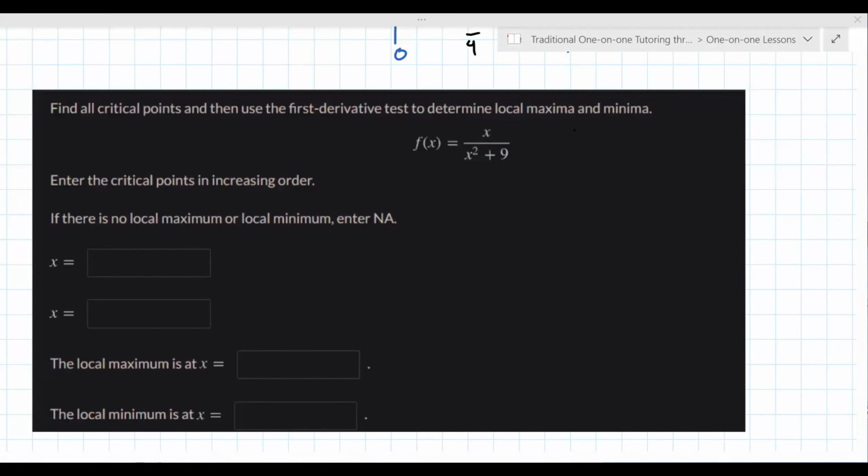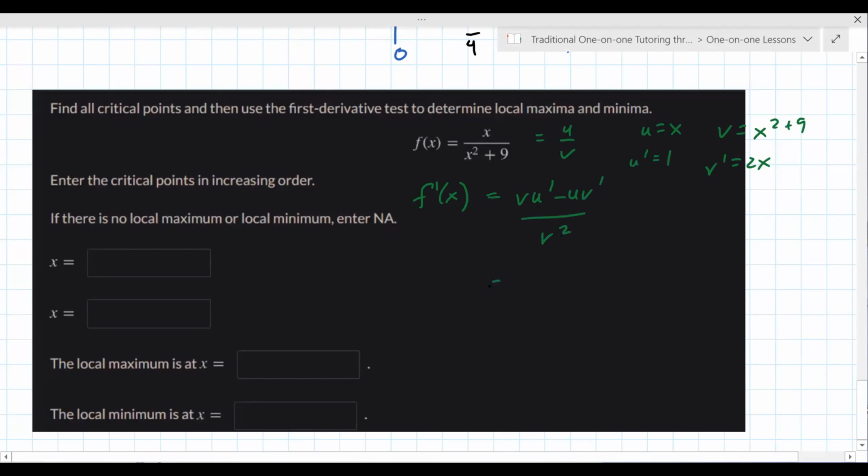Let's try green here. So the derivative here, this is really u over v, and u is x, u prime is 1, v is x squared plus 9, v prime is 2x. So your derivative is bottom times derivative of top minus top times derivative of the bottom over the bottom squared.